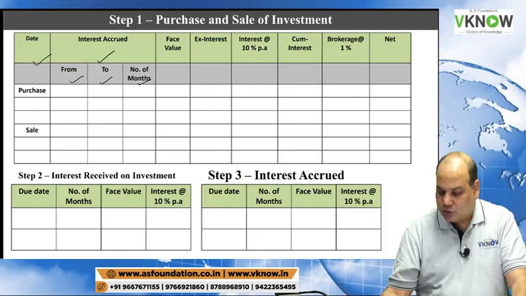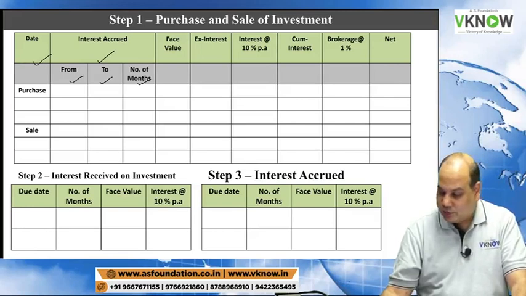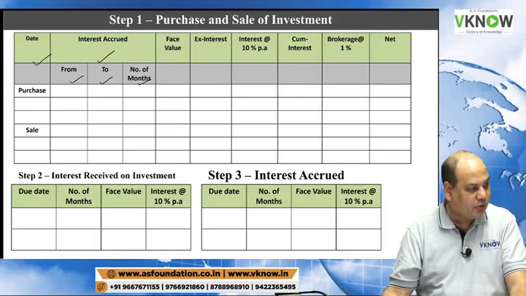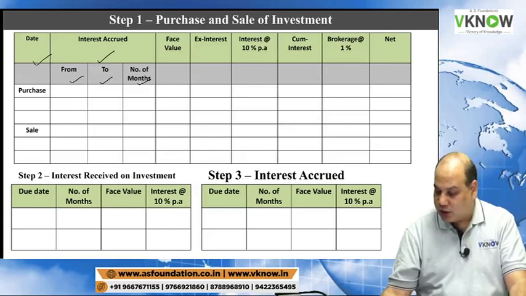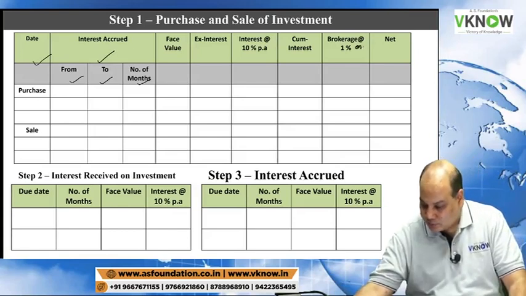Then face value, ex interest amount, interest at the rate of 10% per annum, cum interest, and you add one more column there, brokerage at the rate of 1% on ex interest amount.